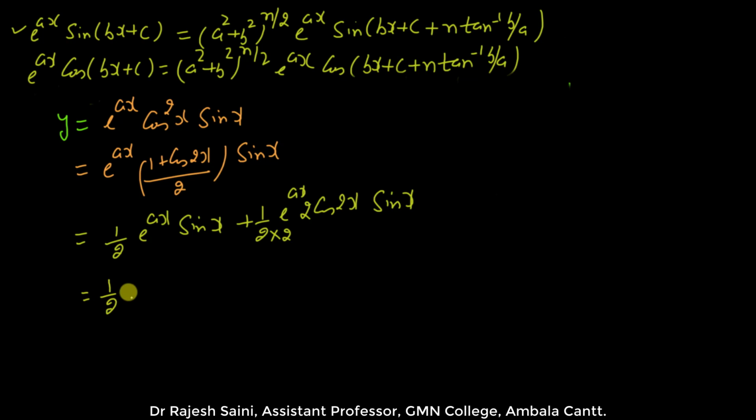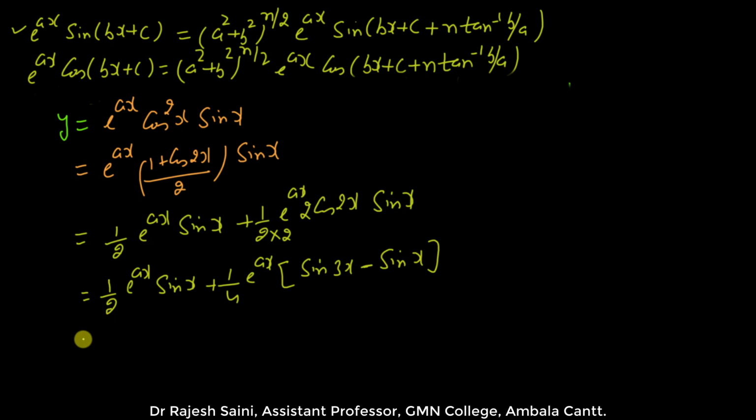It will be 1 by 2 e raised to the power ax sin x plus 1 by 4 e raised to the power ax, and this will be sine 2x plus x is 3x, minus sine a minus b, that will be sine x.